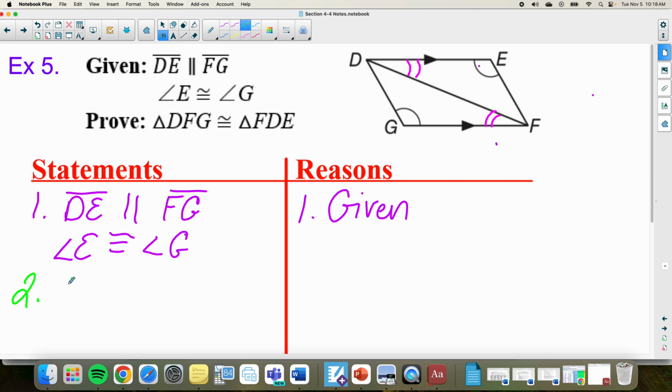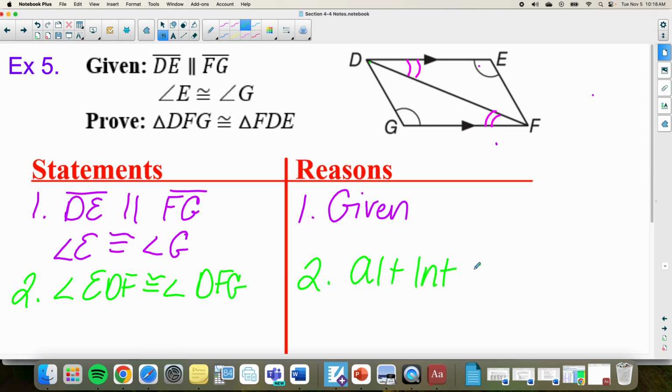So I'm gonna say angle EDF is congruent to angle GFD, or I could say DFG, whichever way I want to say that. F for that bottom one would have to be in the middle. And that is because of alternate interior angles. So I'd say alternate interior angles what? Theorem. Very good. Okay.